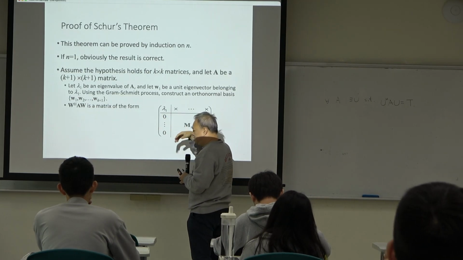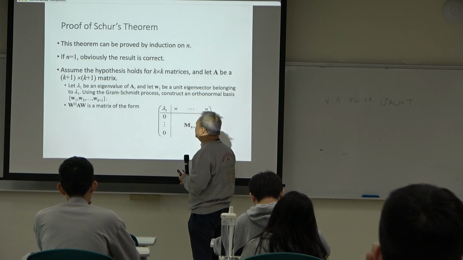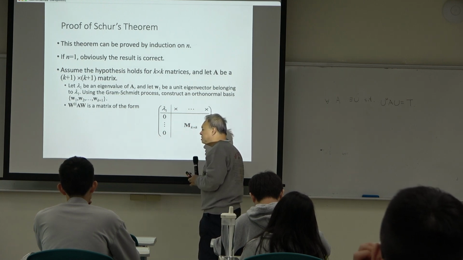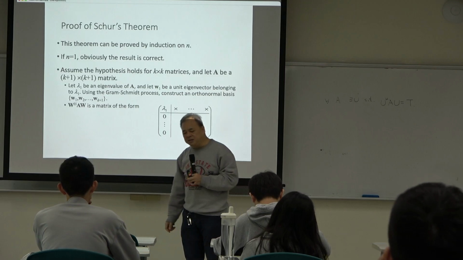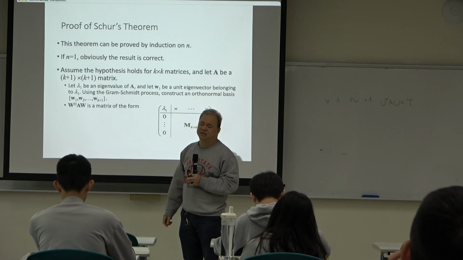Remember the Gram-Schmidt process, you just try to make the first vector a unit vector, that's it.